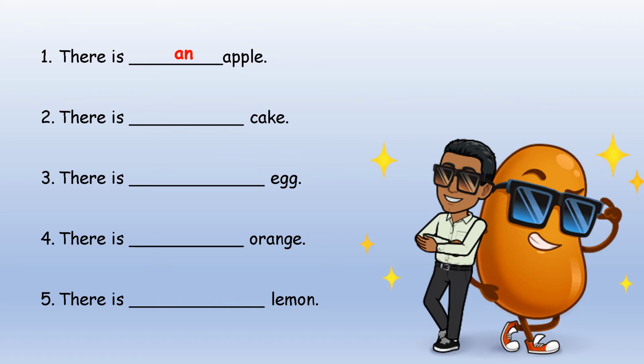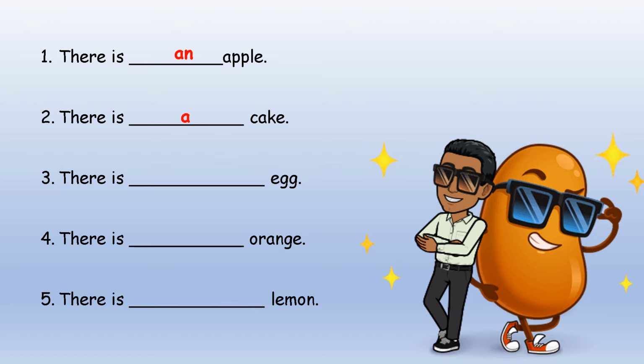Next, number 2. There is a blank cake, one cake. The word cake starts with the letter C, a consonant. We have one cake and the letter C is a consonant, so we use a. There is a cake. Next, number 3. There is a blank egg.